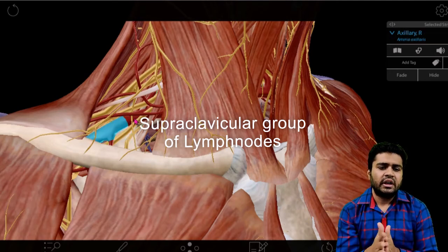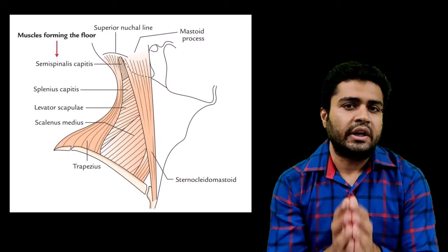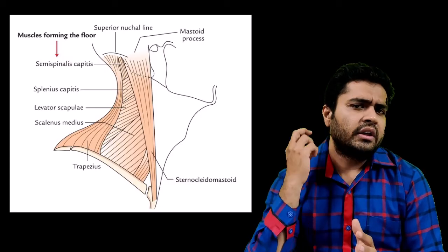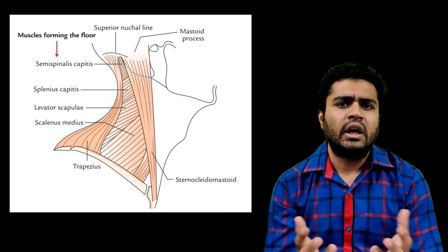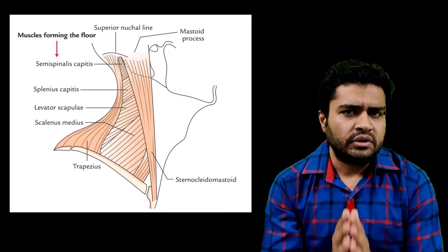This axillary artery is a continuation of the subclavian artery. So you can remember the main structures present in the posterior triangle, the occipital triangle and the subclavian triangle, how they are formed, and the main contents of the posterior triangle.